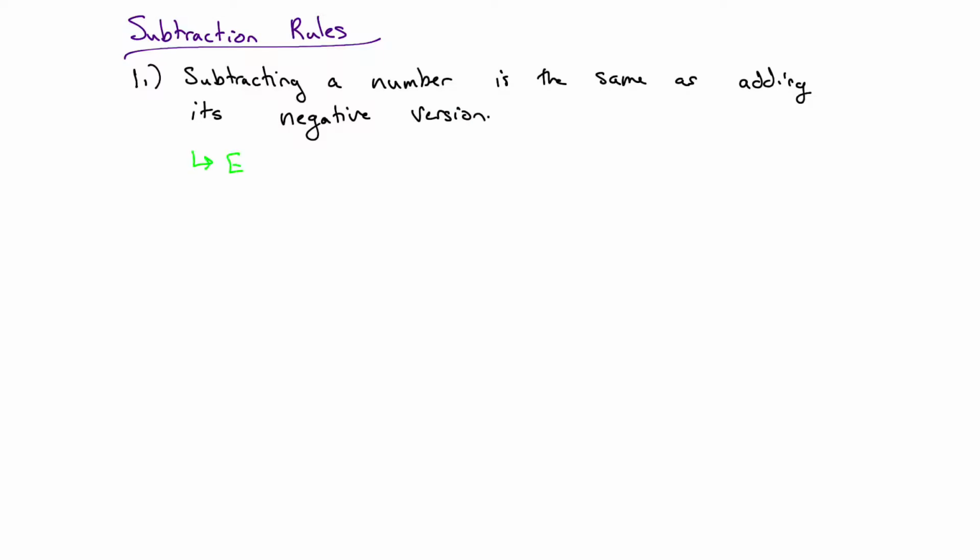What I mean by that, in an example, is that if you had, let's say, negative 3 minus 5, that's the same thing as negative 3 plus negative 5. And I'll explain why in just a second, in case you don't know why that works. And then, like, 7 minus 4 is the same as 7 plus negative 4.